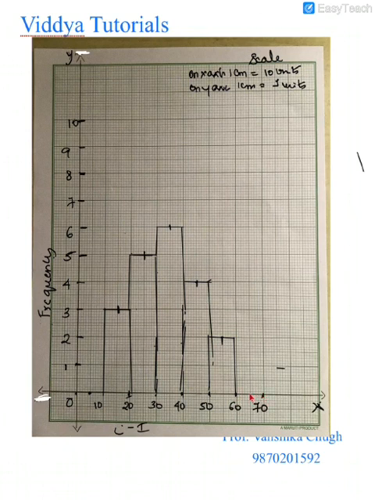I will mark the class mark of this group as well. And now you connect all these midpoints to get your frequency polygon. This is my frequency polygon. Thank you.